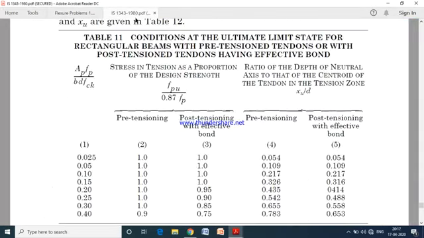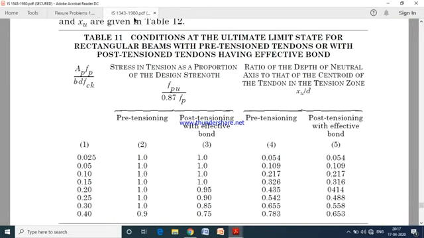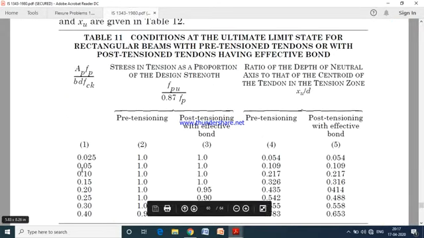So by using this ratio, using IS 1343 code table number 11, that is for bonded case we use table number 11, for unbonded case we use table number 12. So here you can observe the effective reinforcement ratio is 0.0979, and it is pre-tensioned case.